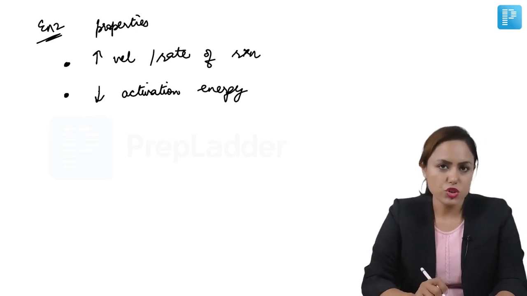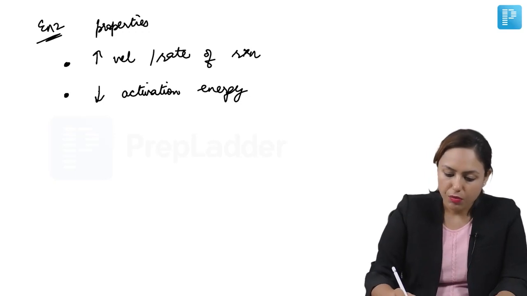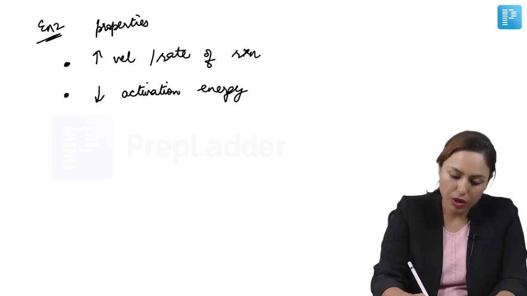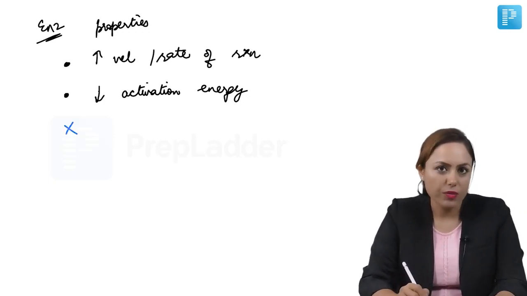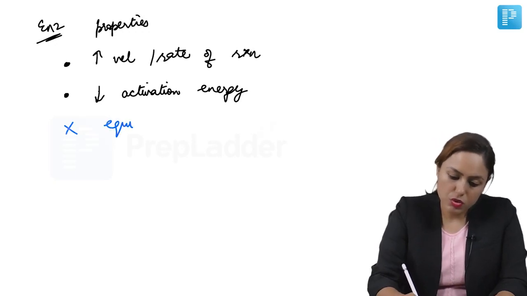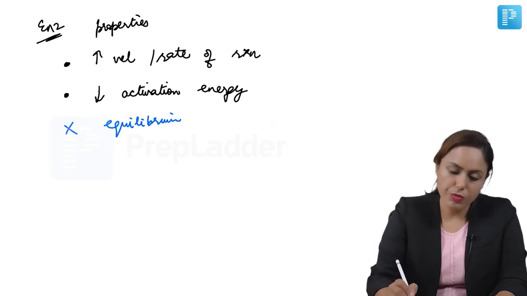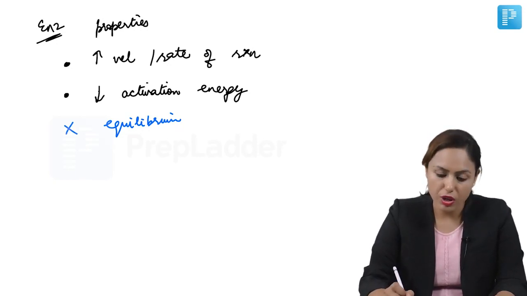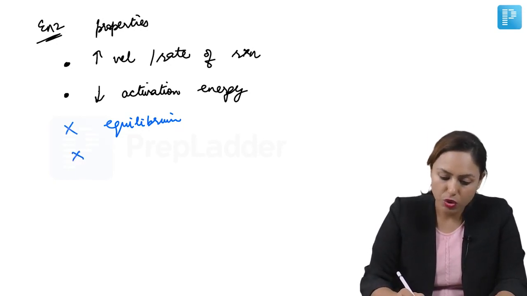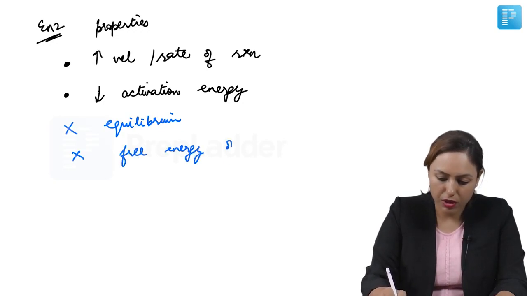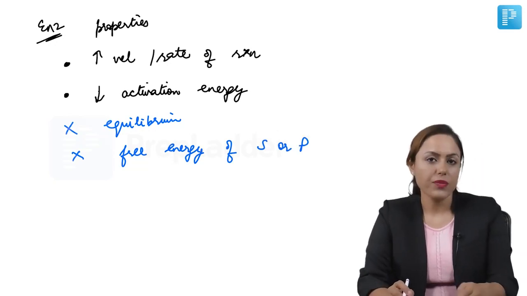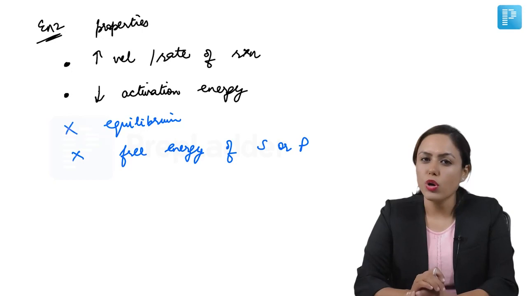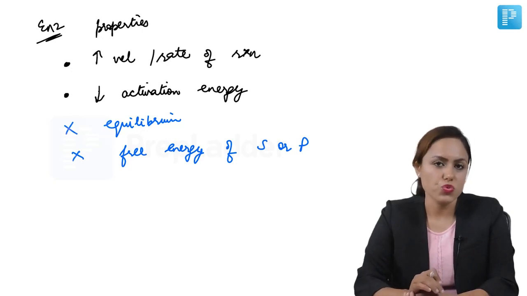But you should be very careful about what the enzyme is not doing. Enzymes do not change the equilibrium of the reaction, and enzymes do not change the free energy of substrate or product, right? So be careful, enzymes do not change the free energy of substrate or product.